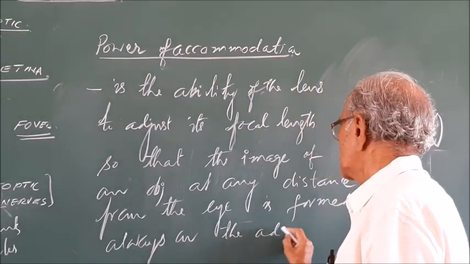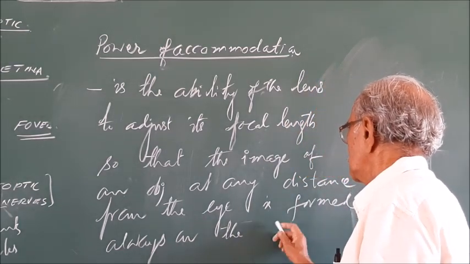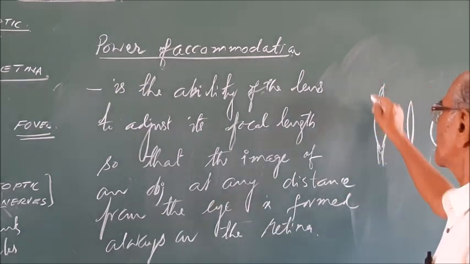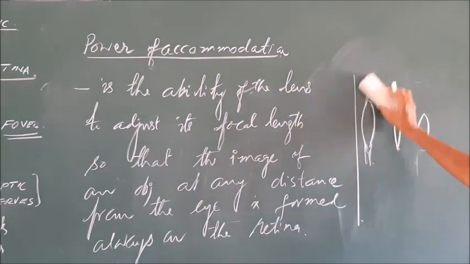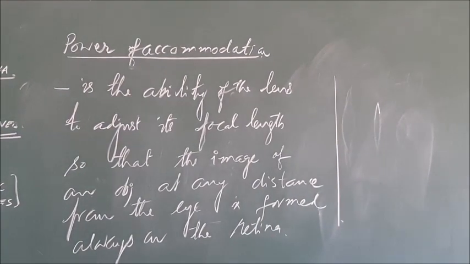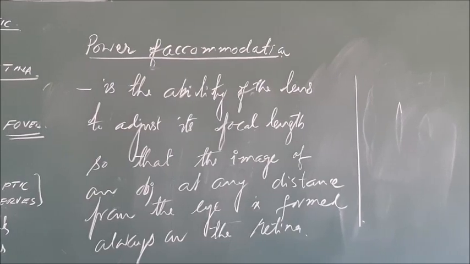So this is an important capacity, the power of accommodation. Now that is made possible by the help of optic nerves, ciliary muscles.